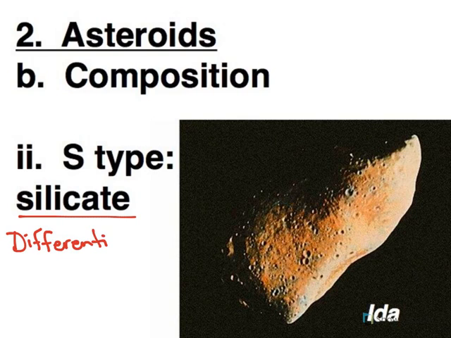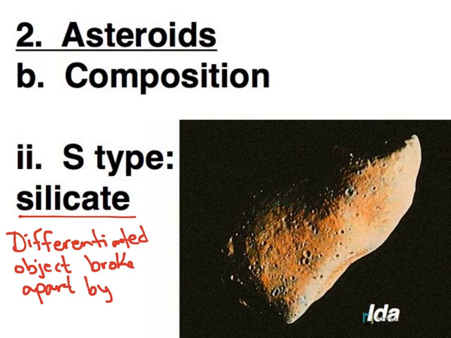So it had separated out the metals and the rocks, and then when it broke apart, probably by a collision, you then have materials that are going to be made from these different layers. So the S-type is going to be from the crust of such an object.